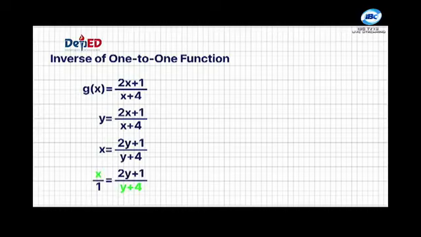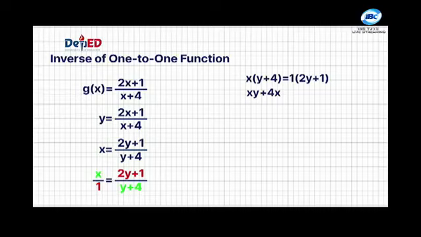We have x times (y plus 4) and 1 times (2y plus 1). This gives us x times the quantity (y plus 4) equals (2y plus 1) times 1. Solving for y, we will have x times y is xy, and x times 4 is 4x.